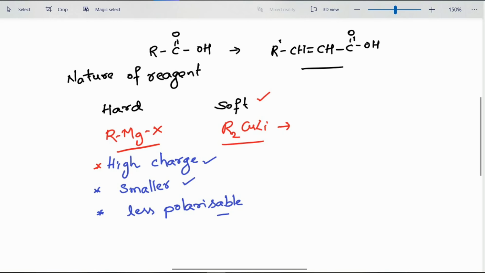Okay, so once we have known the nature of the reagent, next comes the nature of the leaving group. The fourth point, which clearly affects the probability of a reaction to undergo either a Michael addition or direct addition, is the nature of the leaving group.